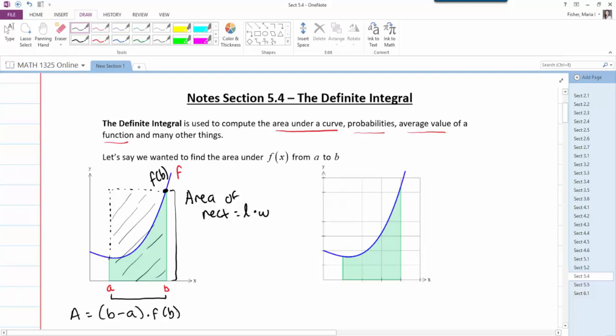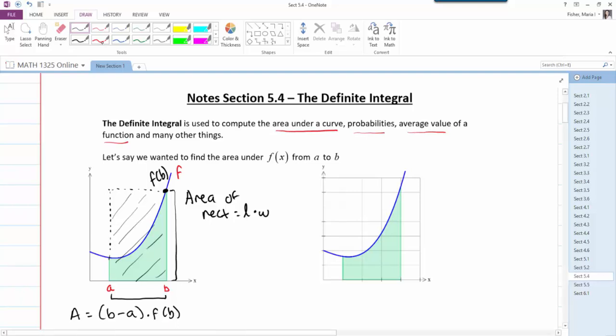So I could approximate that area using that big rectangle, and it's going to be b minus a times f of b. Again, looking at it, that's really an overestimation. It's probably going to be almost double what the area actually is. So one way I could make this a little better is to add more rectangles underneath the curve.